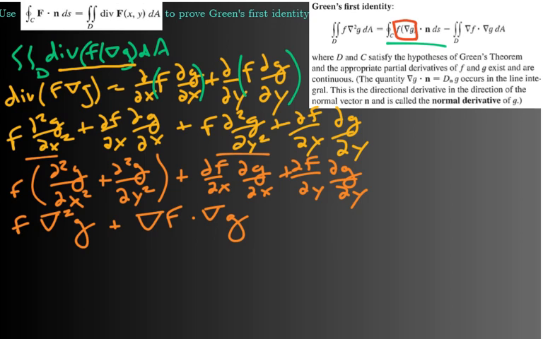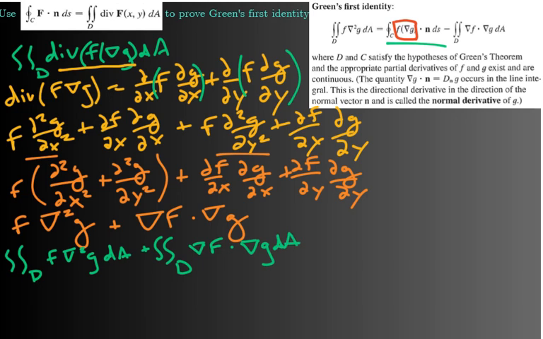That would be the same thing as this. And so what I can do is go back to this double integral, and I can write that thing as the double integral over D of f del squared g dA plus the double integral over D of del f dotted with del g dA.